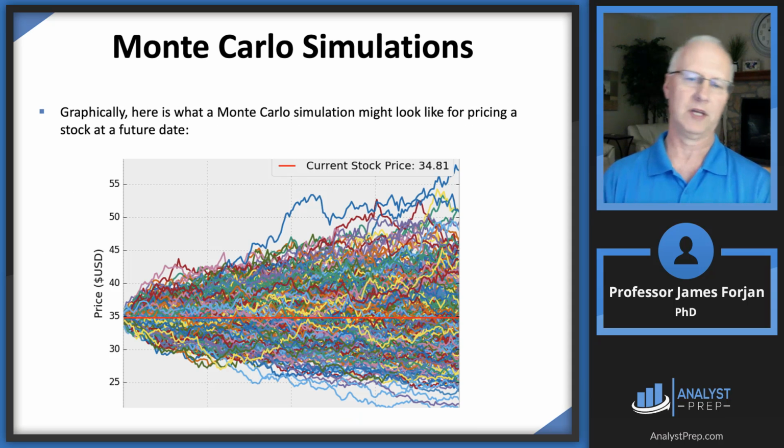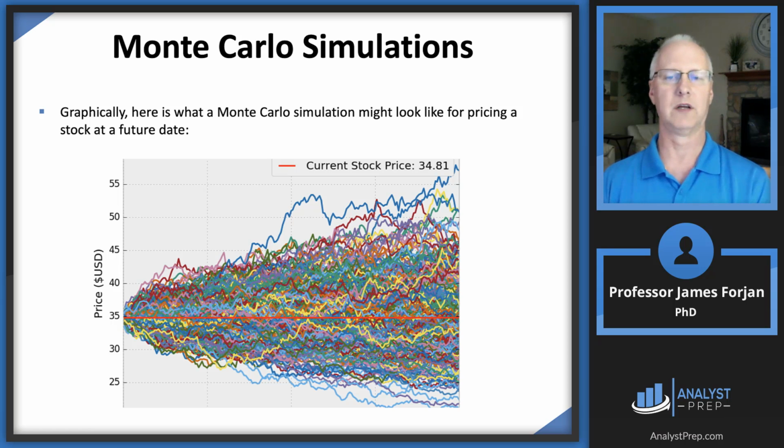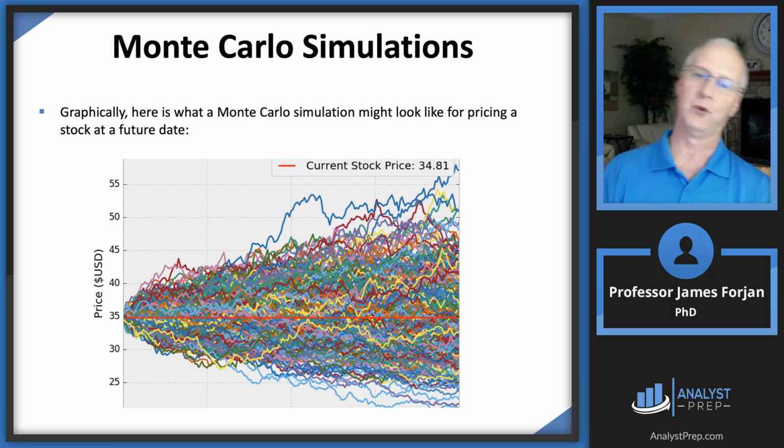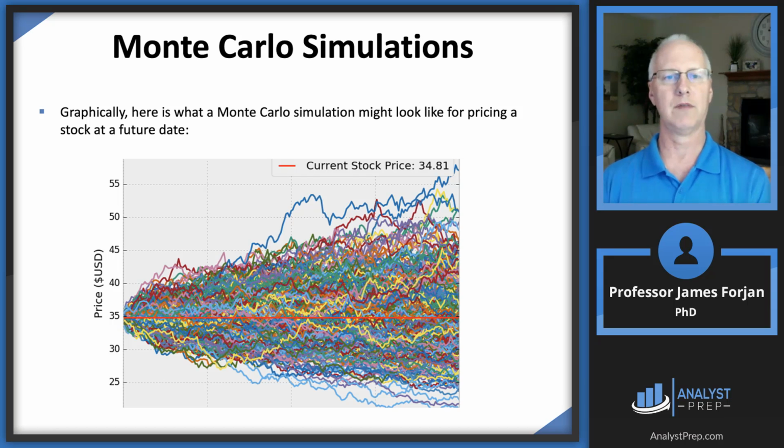Here's a good graphic example of something that looks like a normal distribution. If you turn your head sideways, don't get vertigo if you do that. Here we go. We have a stock that's currently trading at about $35 a share. And we come up with some inputs, whatever those things are. And you can do this in Excel relatively easily for something like this.